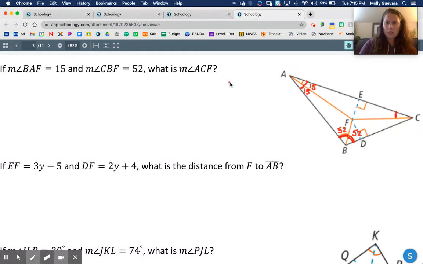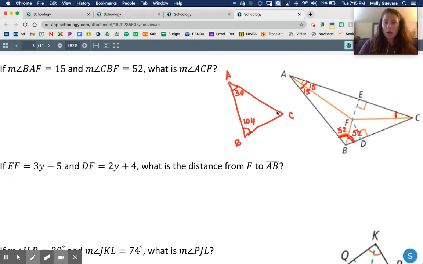If I look, and I'm just going to quickly draw this triangle in a different way, angle A is made up of 15 and 15. So angle A is really 30 degrees. Angle B is made up of 52 degrees and then another 52 degrees. So this is 104 degrees.